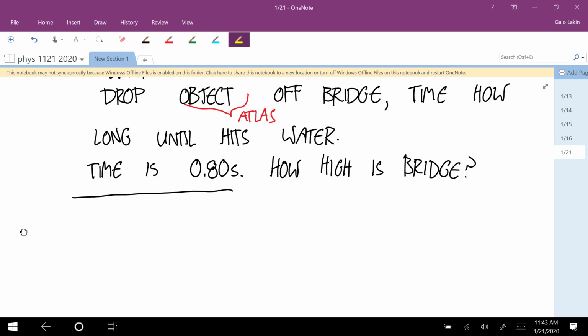And what if you timed it and the time was 16 seconds? What would that tell you about your estimate of the distance? You'd be a little skeptical, because by the time something's fallen for 16 seconds, if there was no air resistance, it would build up so much speed that it would be going super fast.